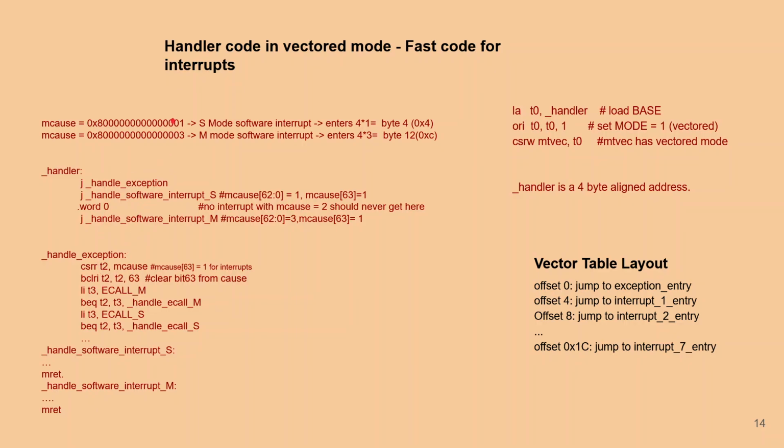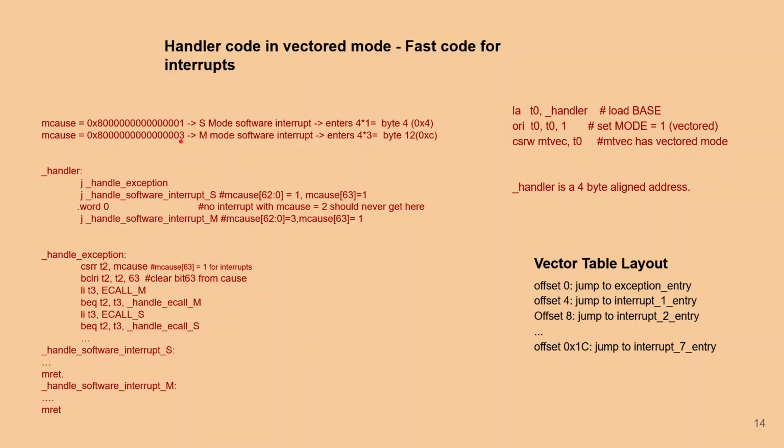If the CPU encounters an interrupt, say a supervisor mode software interrupt, which has an interrupt ID of 1, then it enters the fourth byte in the handler, which is just a jump to the software interrupt handling routine in supervisor mode.